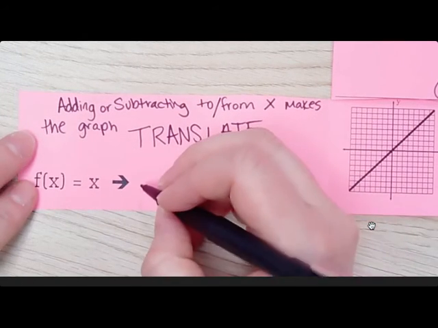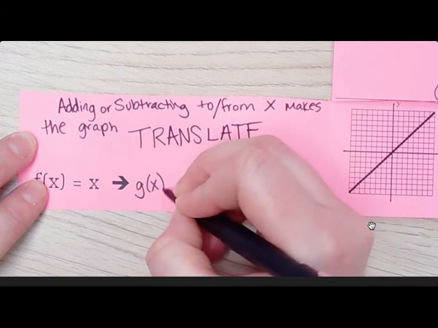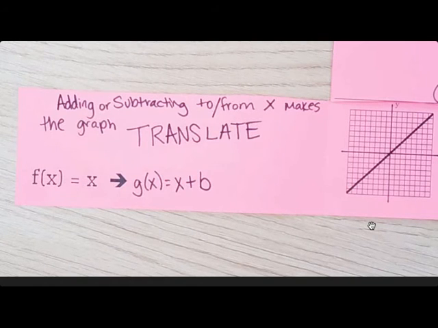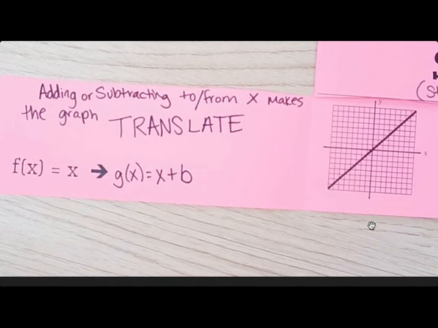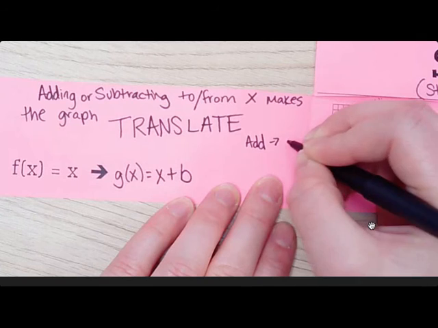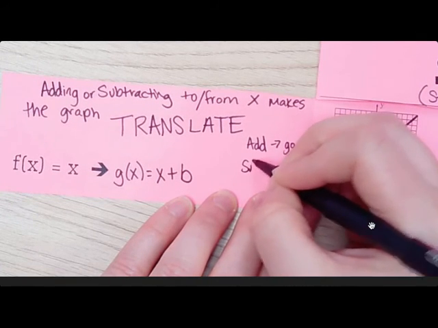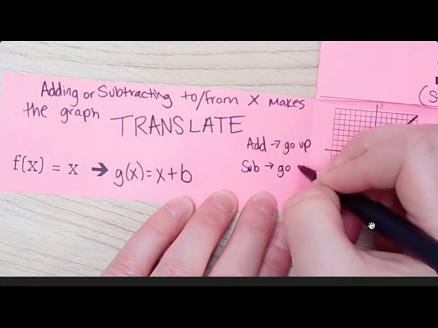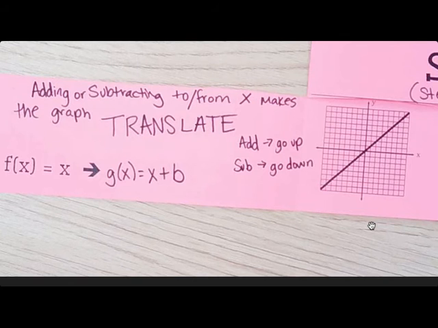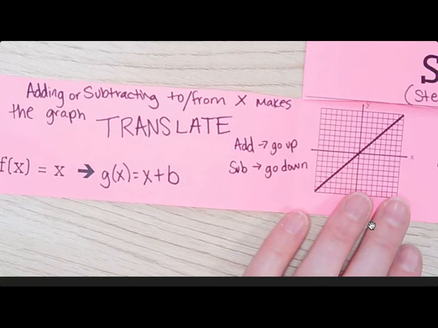Let's just finish up real quick. f of x equals x, g of x equals x plus some b. So b can be any number. If you're adding b, you're going to move it up. If you're subtracting b, you're going to move it down. Add, go up. Subtract, go down. Translate is the key word there. You're translating it up, translating it down, but it's going to keep the same slope.